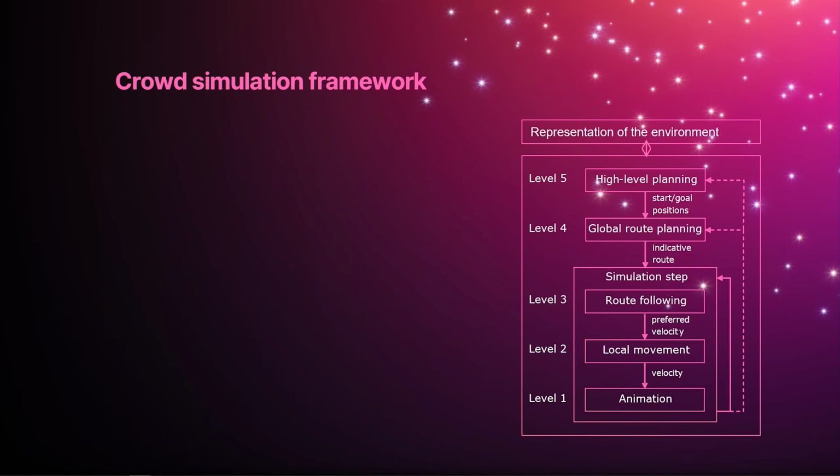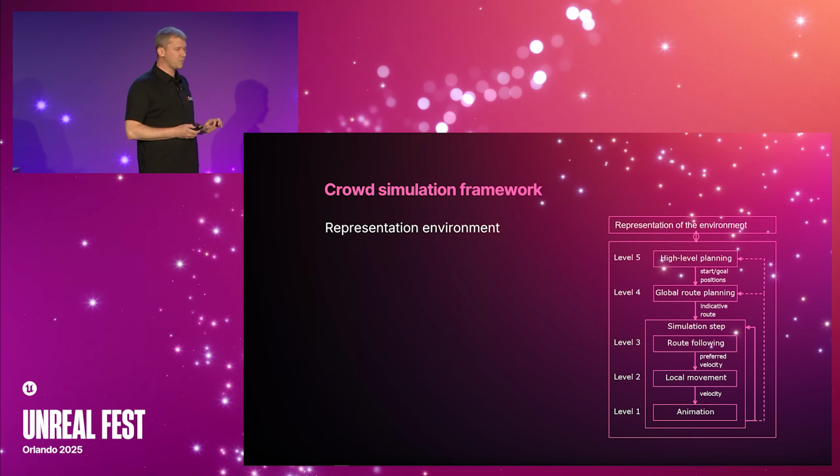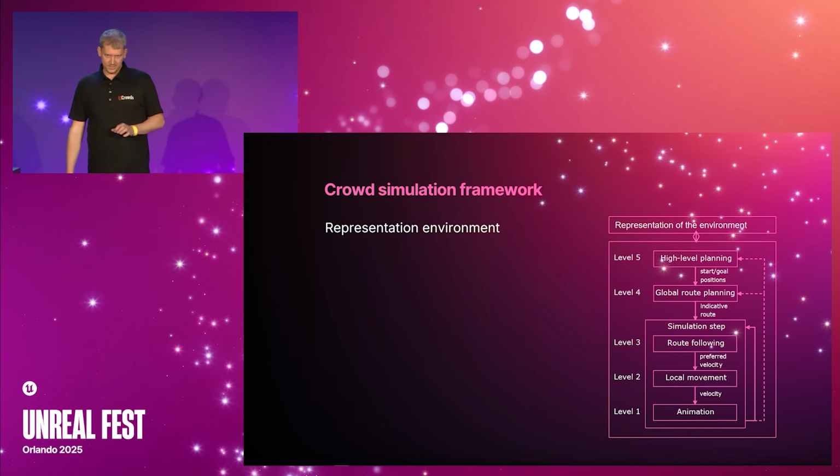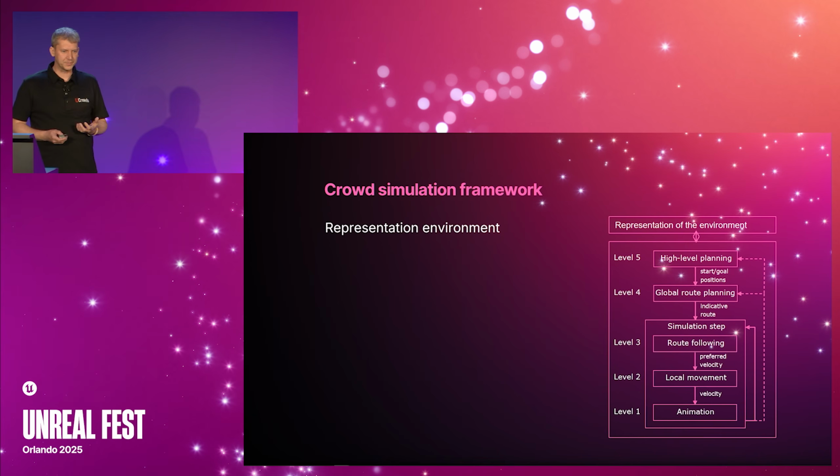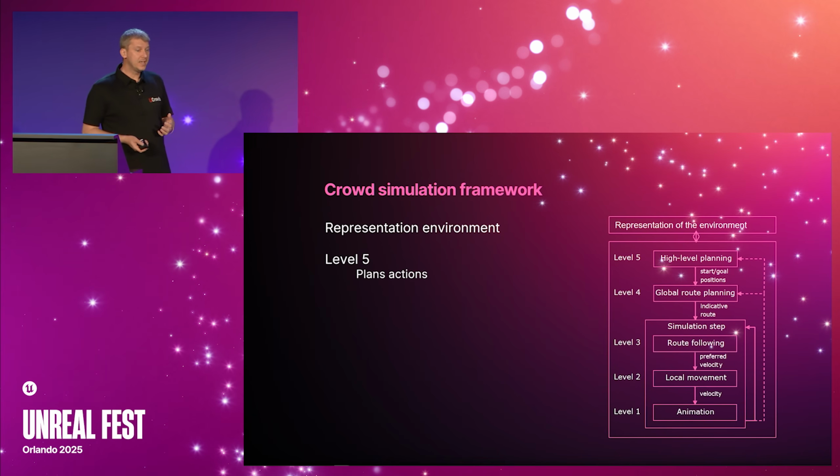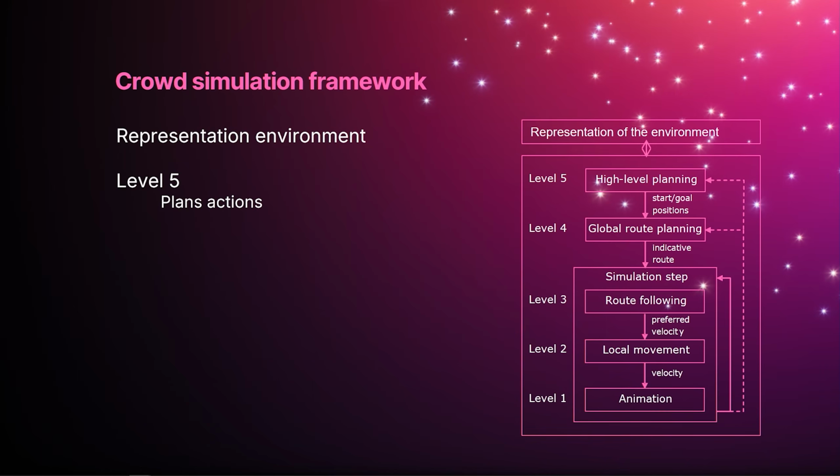So first, we think about how to represent the walkable environment such that the computer can do fast computations with it. So I will give lots of examples there. And next, given a certain goal of a character that you want to control, so since we control individual characters, how to decompose such a goal into actions such that for each action you know what the start and the goal in your environment is.